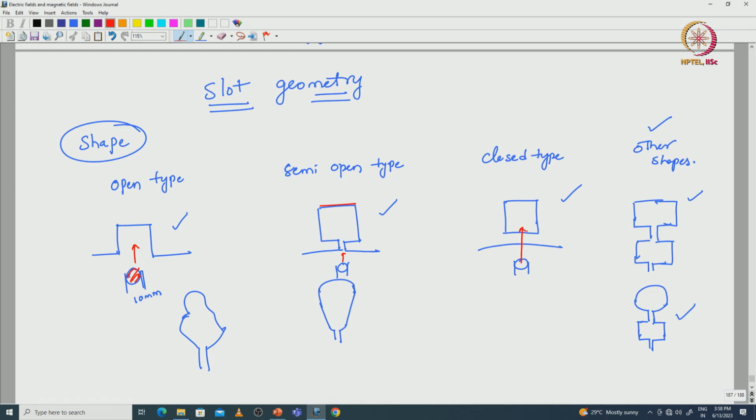In the closed type of slot it will be too complex, one by one we have to place the conductors. Formed coils we cannot insert, formed coil is nothing but this one. We cannot insert this kind of coil directly. So, one end should go in, and from the other slot it should come out. First we have to insert one end, and the same end should come out from the other slot. Like this, design complexity will be there in the closed type of slots, and similarly in other types of slot shapes also complexity will be there.